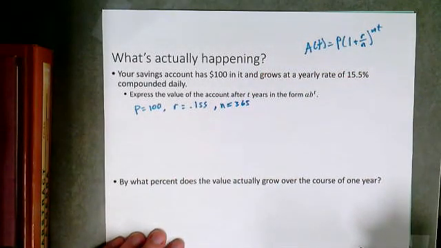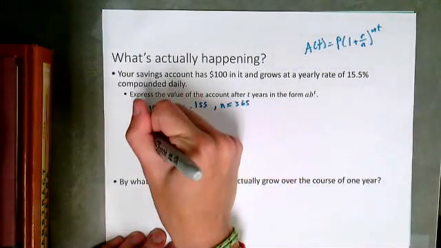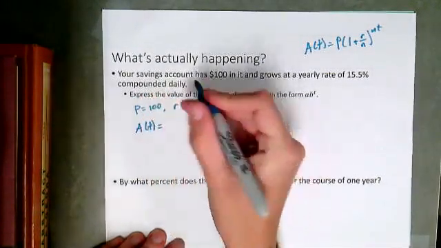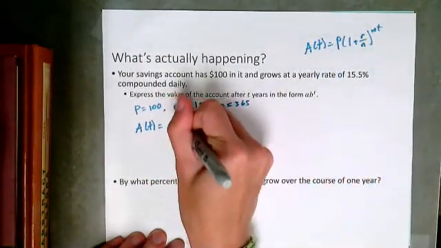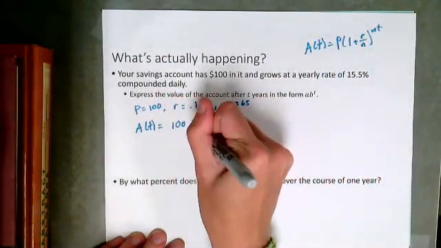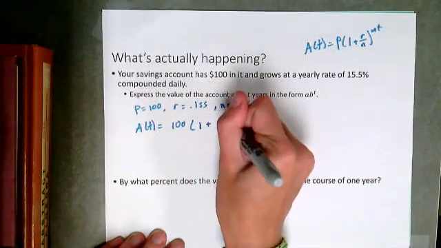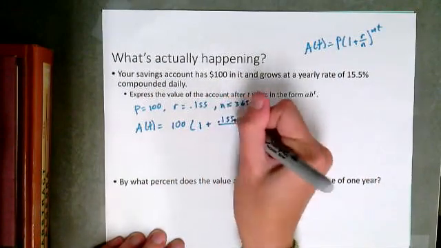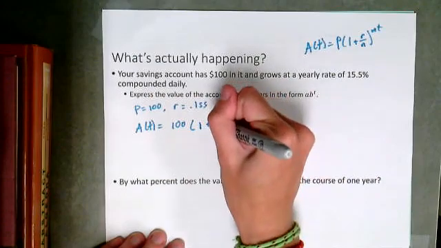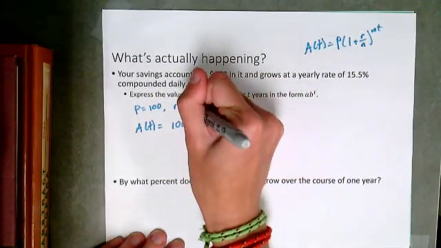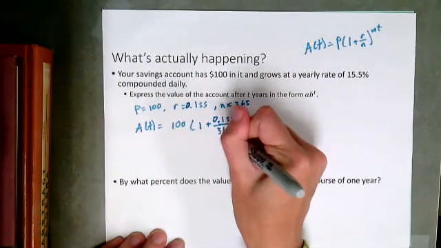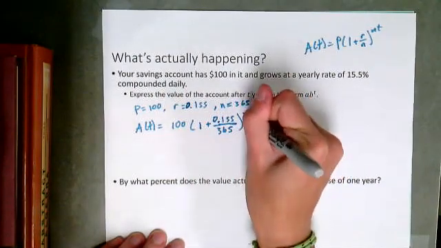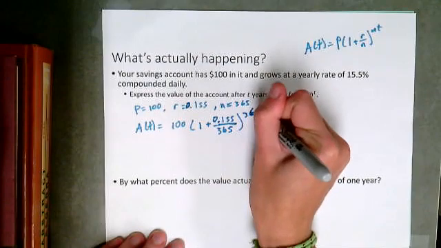Okay. So now A of t is equal to, if we look at this formula, 100 times (1 + 0.155/365), and I'm going to put a 0 in front of this just because my handwriting is terrible, raised to the 365t.